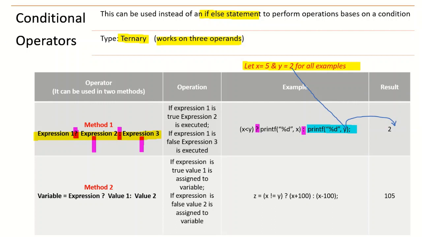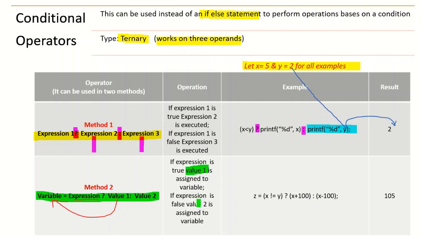This is method 2: variable = expression ? value 1 : value 2. Here the meaning is, if the expression is true, value 1 is assigned to the variable.